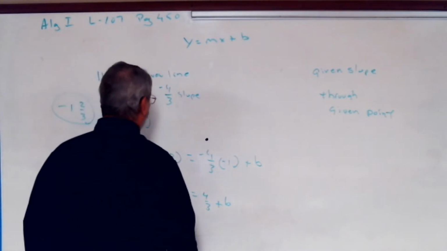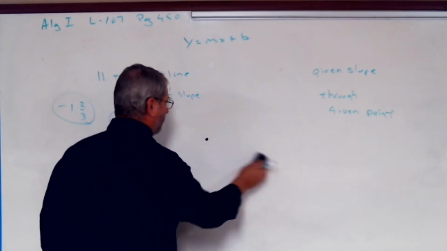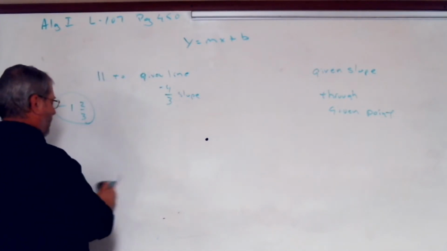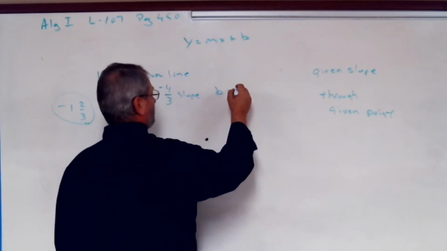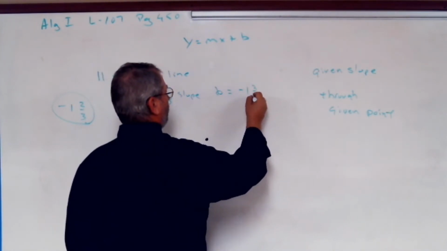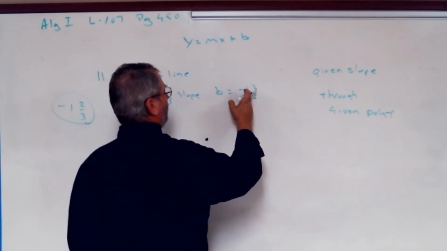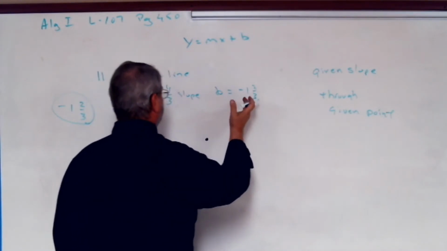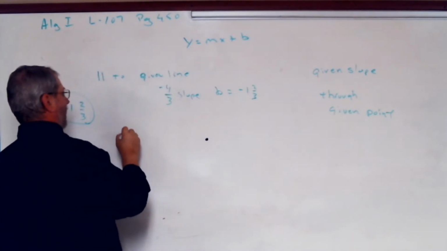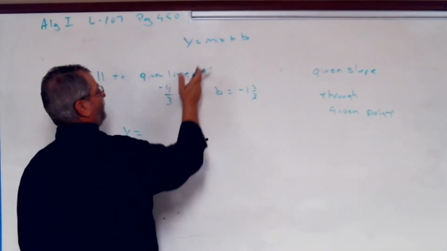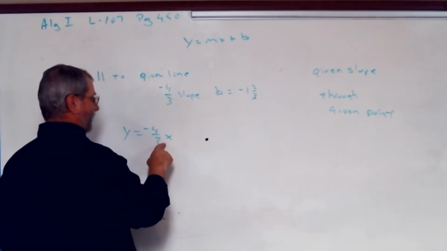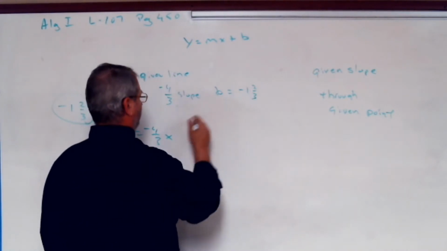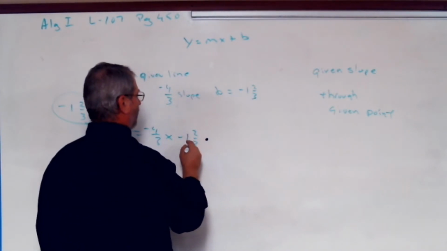Now, what we're going to do is we have the slope, and b is negative 1 2/3, or negative 5/3. I don't care, it doesn't matter. Put it into here. Y equals the slope right here, negative 4/3 x, don't forget the x, minus 1 2/3.